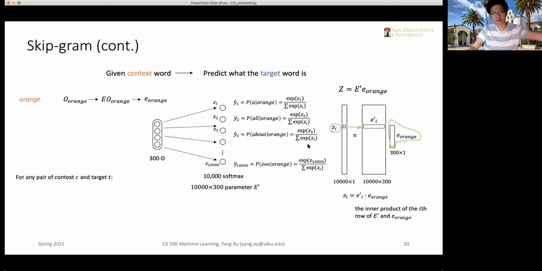For any pair of context C and target T, the learning task is to optimize the probability of the target word given a context word, which is the exponential of Z, the dot product between that target word vector within the E prime matrix and the context vector in the E matrix without prime, normalized by this summation across all the target words.